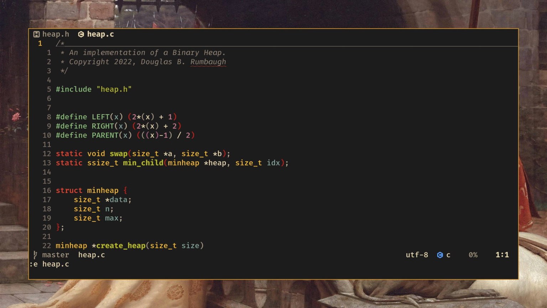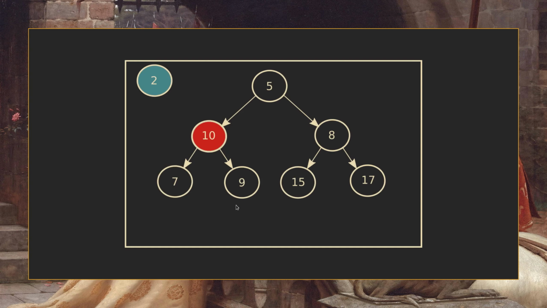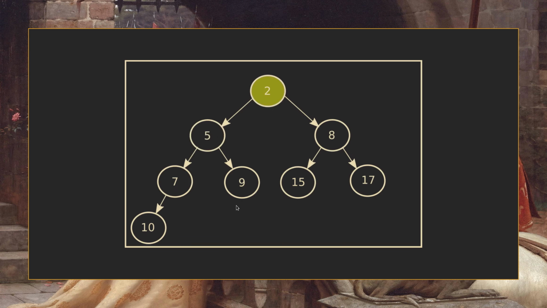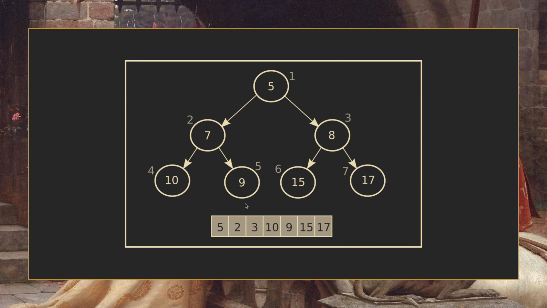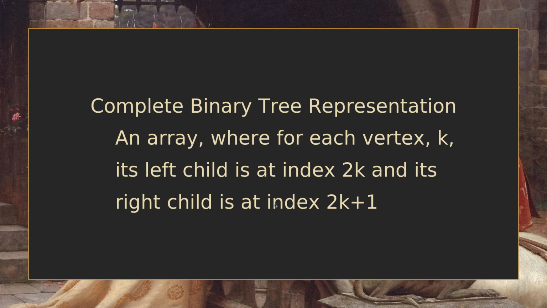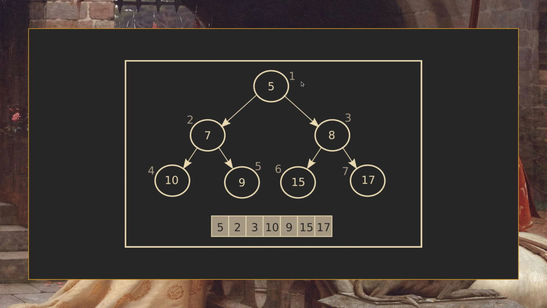So we take a look at the code. The first problem we encounter when attempting to implement the heap in C is that if we look at my definition of the array representation here, you'll notice that I started at 1. And so we have 2k and 2k plus 1 when the first array index is at 1.